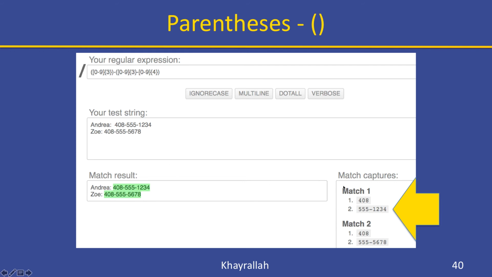So if we look in our match capture area, we see that we have two matches, one corresponding to Andrea's phone number and the second one corresponding to Zoe's phone number. But within each match, we have two capture groups. Each capture group corresponds to one pair of parentheses.